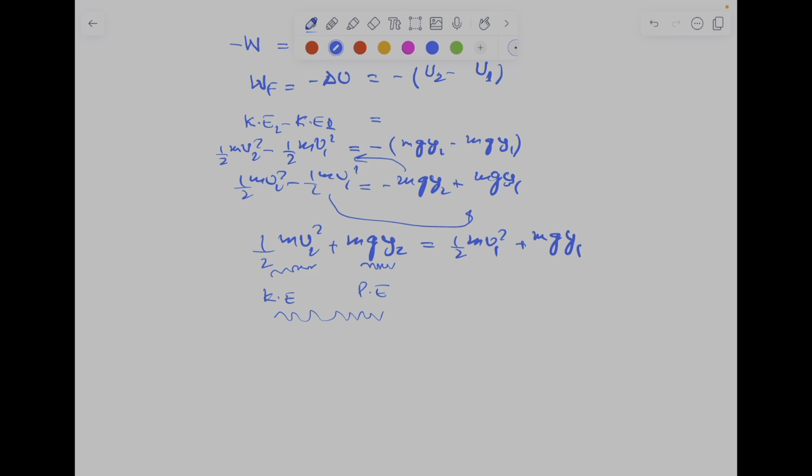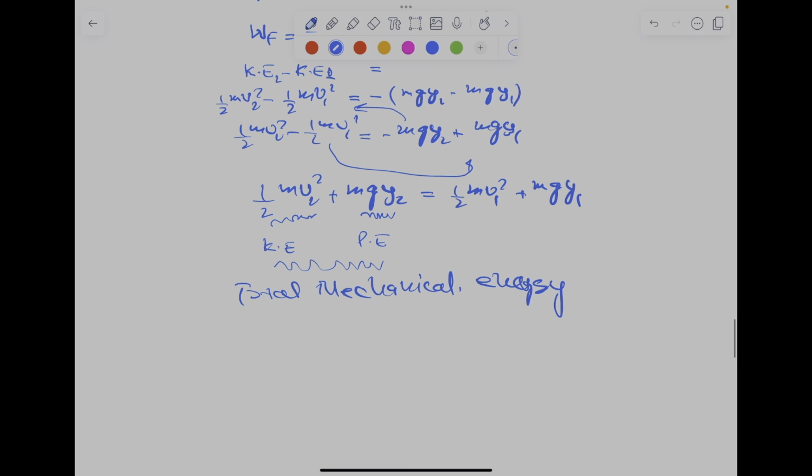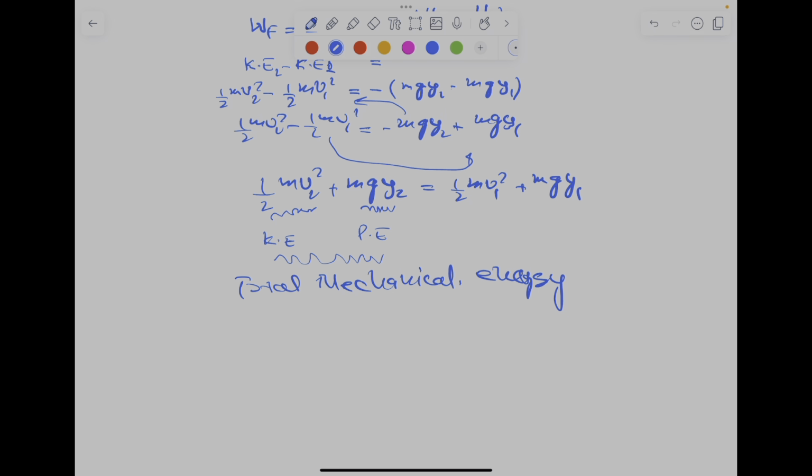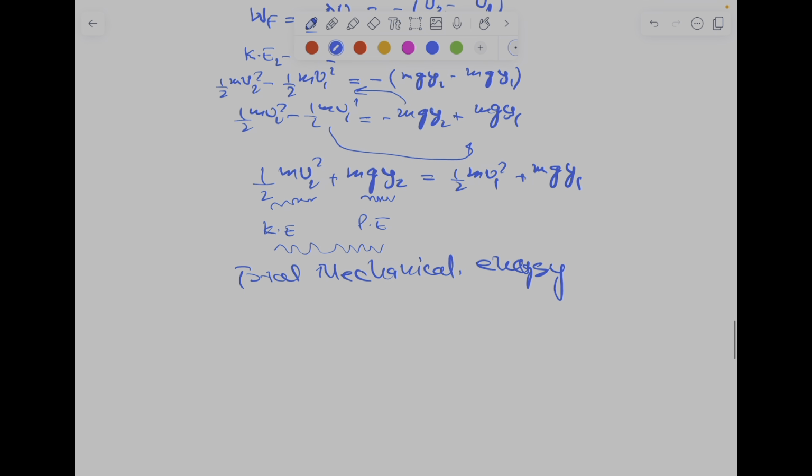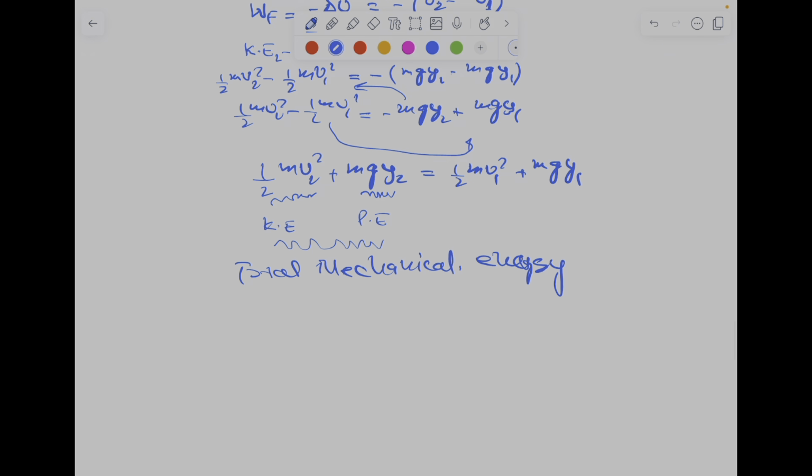So total mechanical energy. So this total energy, when the forces are conserved or conservative, the total energy of the system is constant.